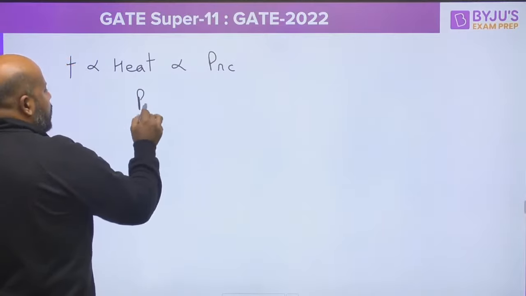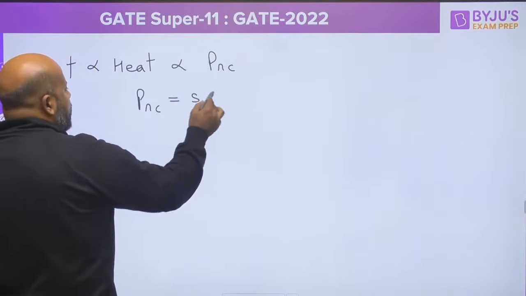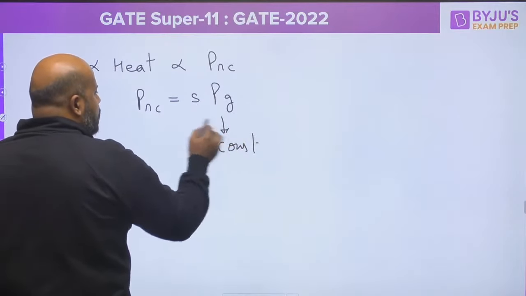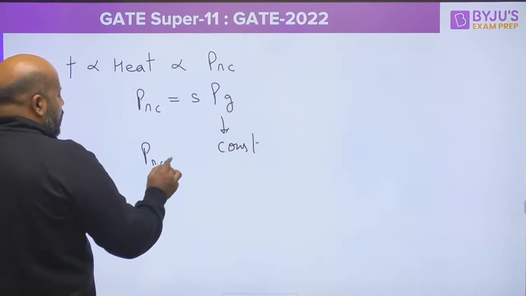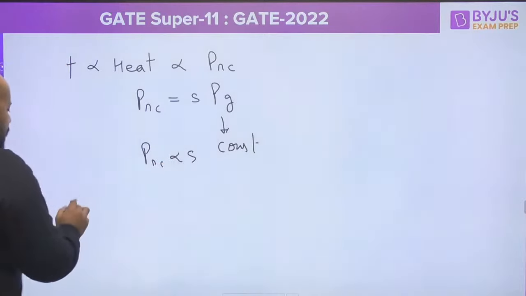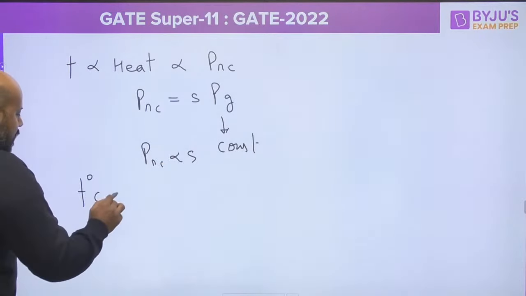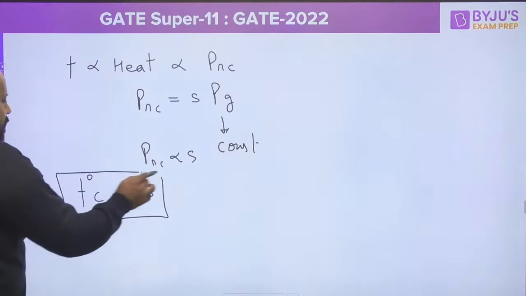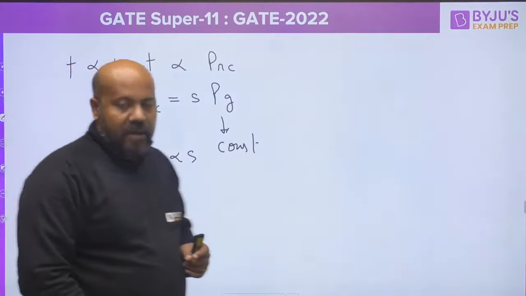And you know that rotor copper losses are slip times air gap power. Air gap power is constant, so rotor copper losses are directly proportional to slip. So can I say the temperature is going to be directly proportional to slip? Can I establish this?